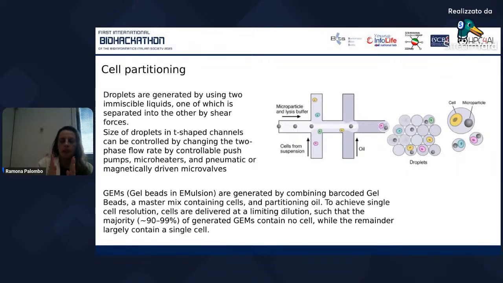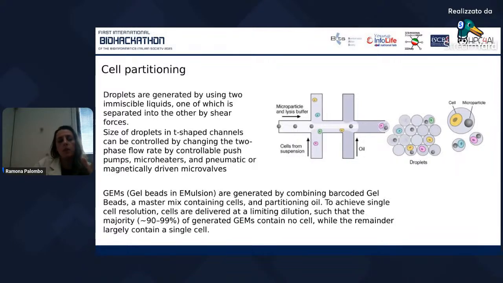Then the second partitioning solution, which is like oil, can generate the droplet. So in the same droplet, I could have a cell and a bead.